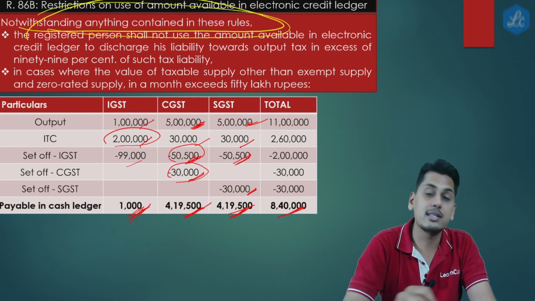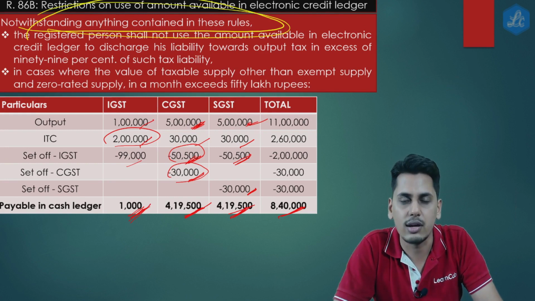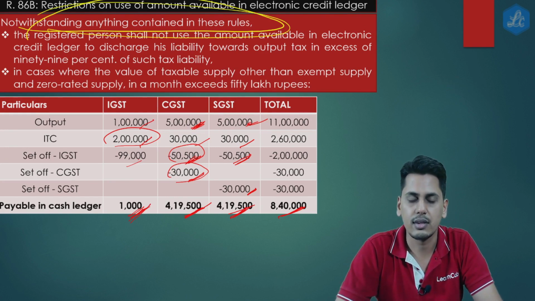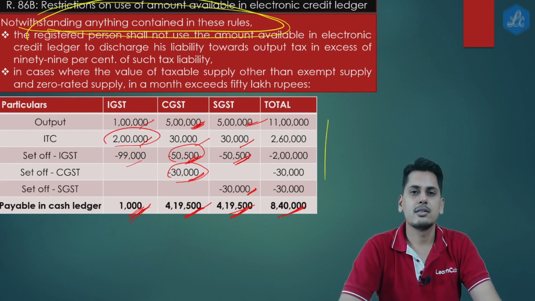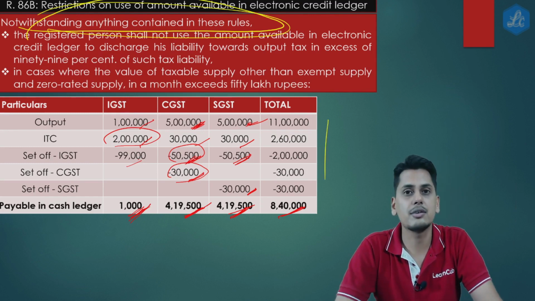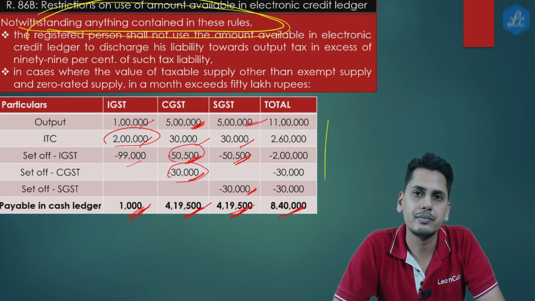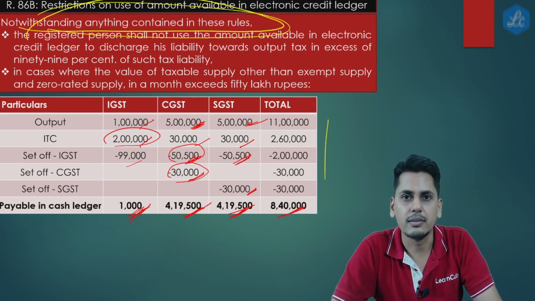Rule 86B starts with a non-obstante clause. It says, notwithstanding anything contained in these rules. The officer says, so you know the law? He says, yes, of course I do. Officer says, never mind, this time I'll leave you, but I'll keep you in mind.